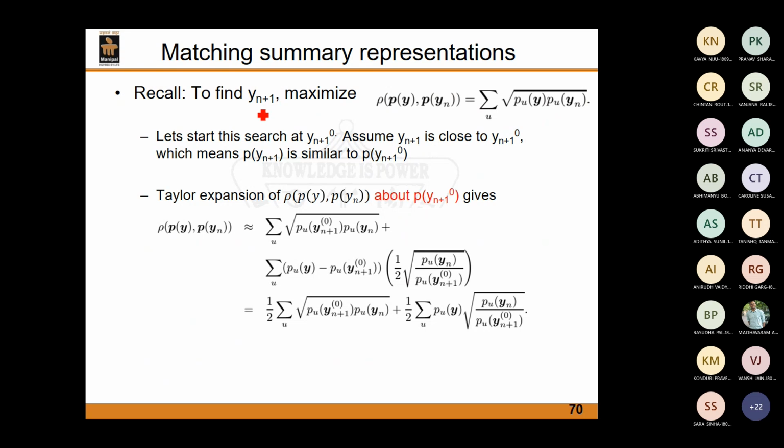So as said earlier, in order to find y of n plus 1, we can try to maximize the Bhattacharya coefficient. Now, let us look further at how we can do this. If you take this Bhattacharya coefficient, which is given by this expression, I can write it as equal to the expression given here. How we get this expression is by making use of the Taylor series expansion.